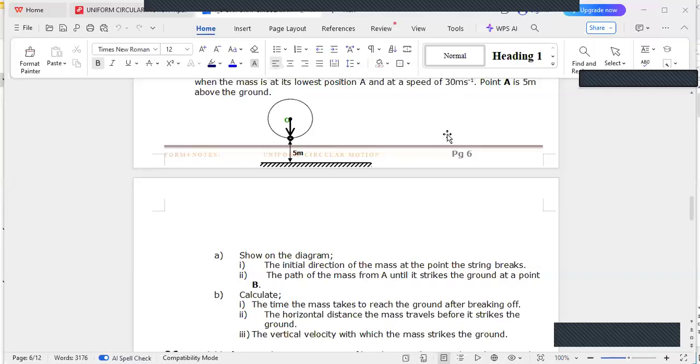That's the range. Roman 3, the vertical velocity with which the mass strikes the ground. We can use the first equation of linear motion, which says v equals u plus gt. The reason why it's plus is because this mass is moving towards the ground, so towards the center of the earth.